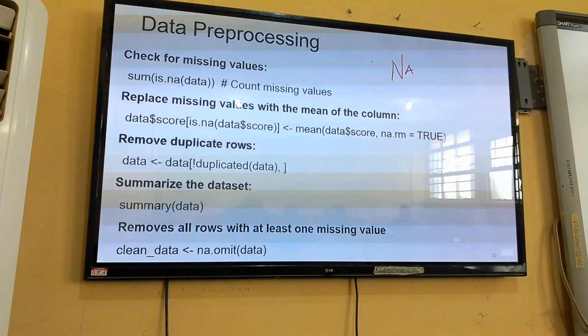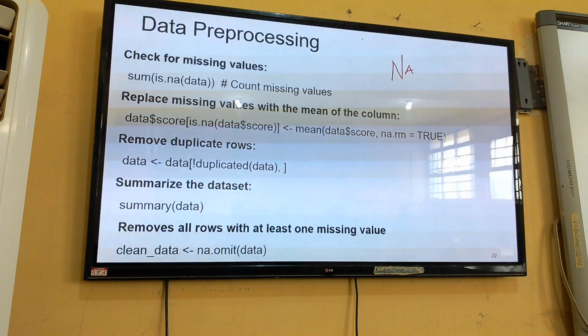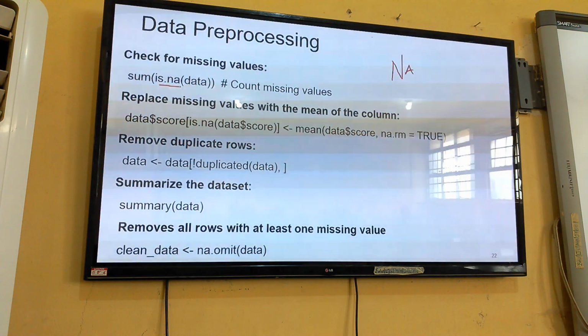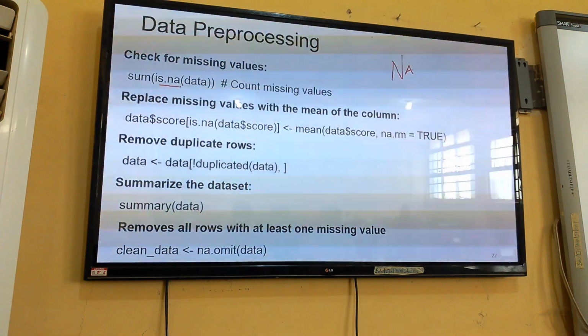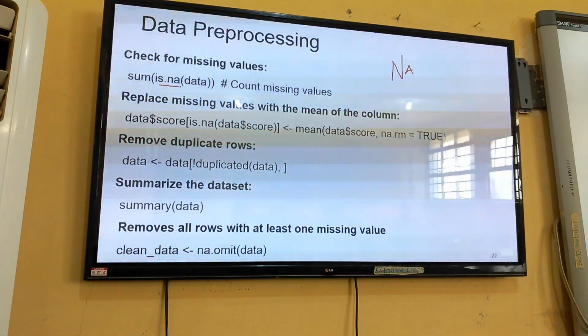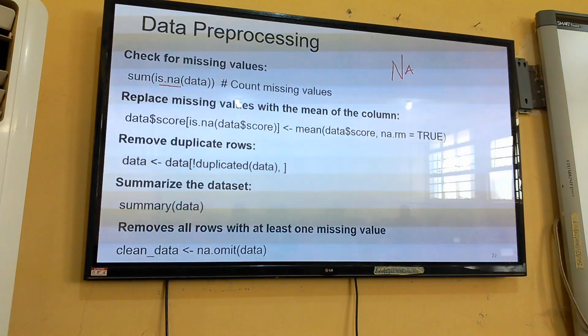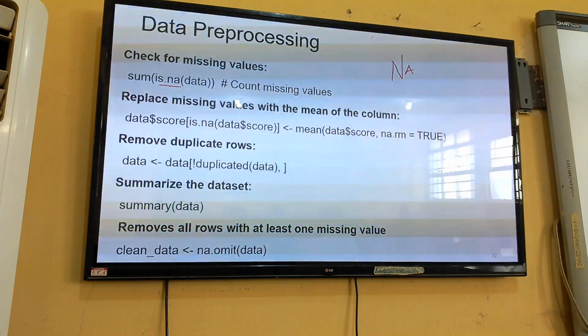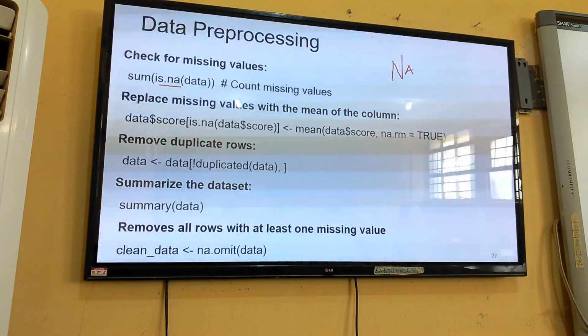So this particular function, is.na, checks the data frame and sees whether there are missing values in the data frame. And if there are missing values, it returns TRUE.